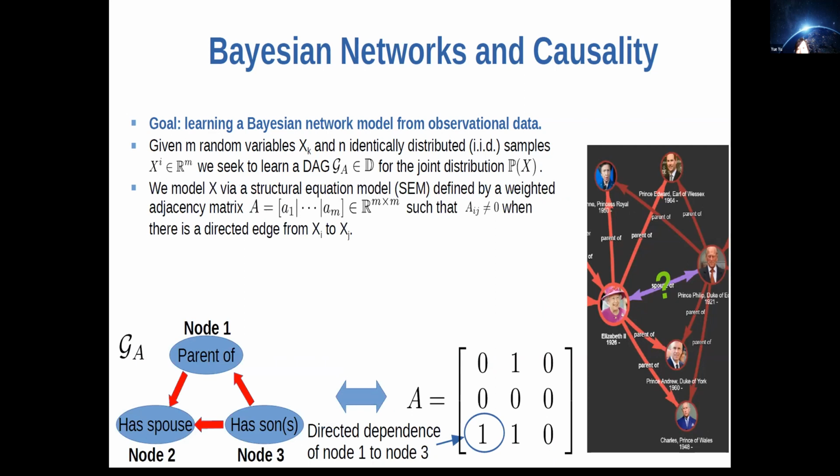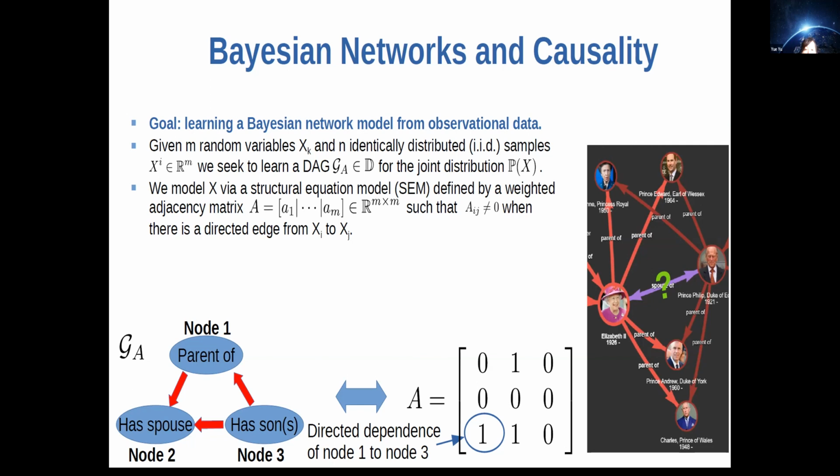But mathematically, how do we represent the DAG structure? We represent it with what we call the weighted adjacency matrix. For this weighted adjacency matrix, each element is non-zero if and only if there is a directed edge from node i to node j.